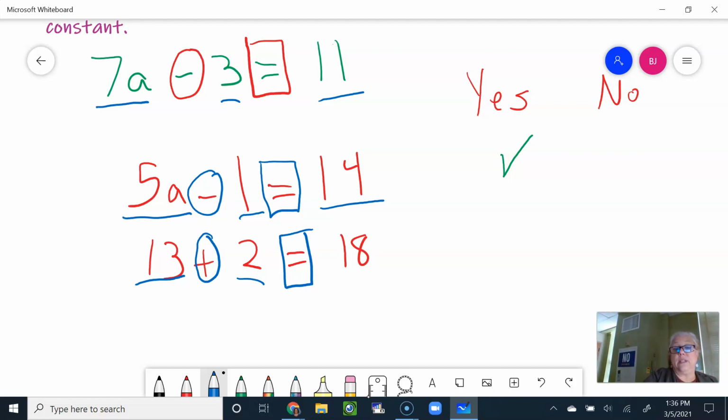Does 13 plus 2 equal 18? No, it does not. So this is not an equation, because 13 plus 2 does not equal 18. It can't be an equation because the equation does not work. Equation means that the right side has to equal the left side.